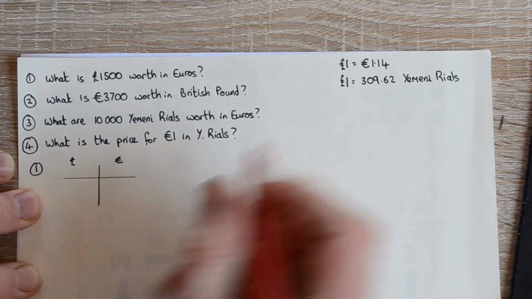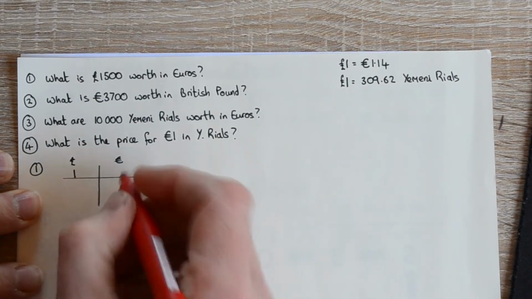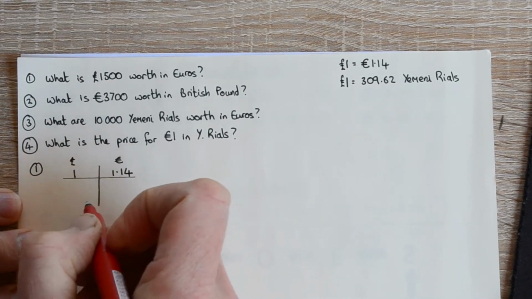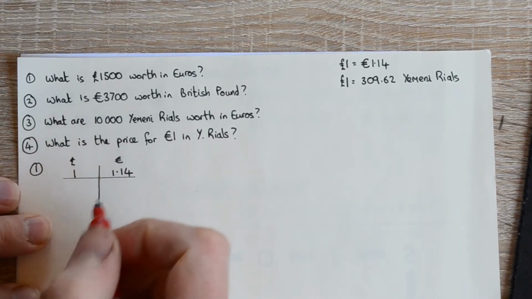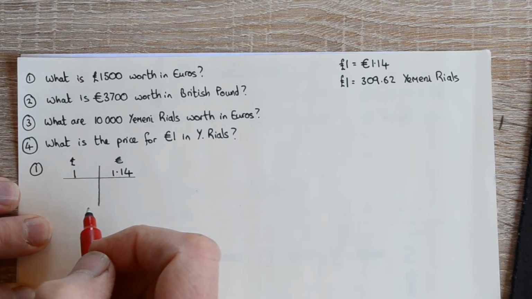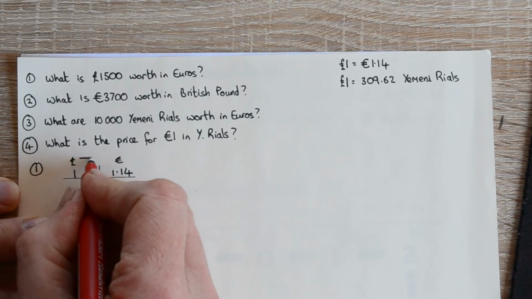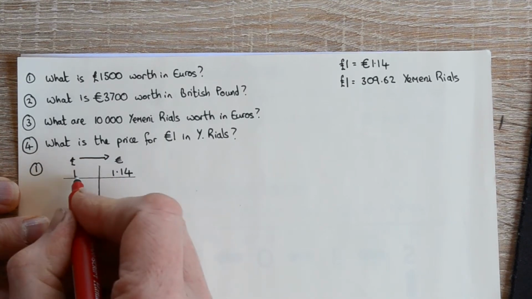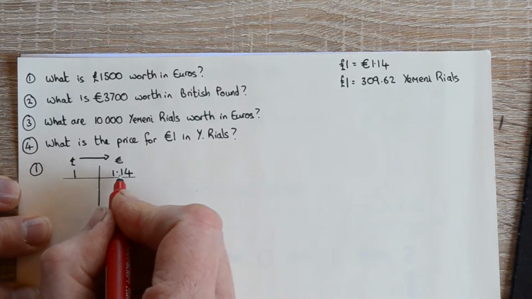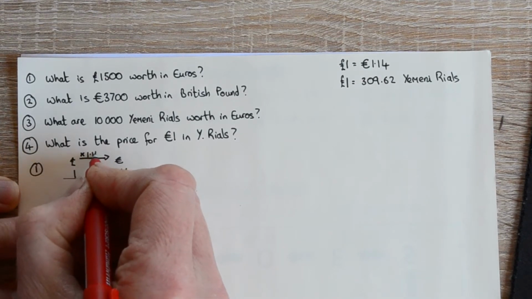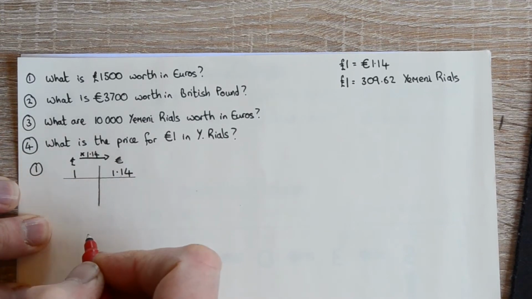And we use the exchange rate, put the values on the relevant sides at the top of the table, and what we need to work out is our multiplier to get from one to another. If you start with the 1, then you know you multiply by that number to get there. So our multiplier from pounds to euros is 1.14.